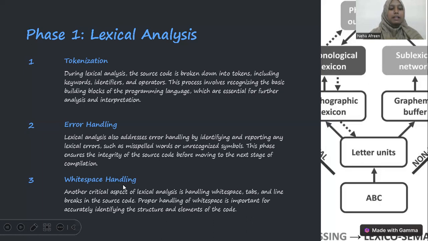White space handling. Another critical aspect of lexical analysis is handling white space, tabs, and line breaks in the source code. Proper handling of white space is important for accurately identifying the structure and elements of the code.